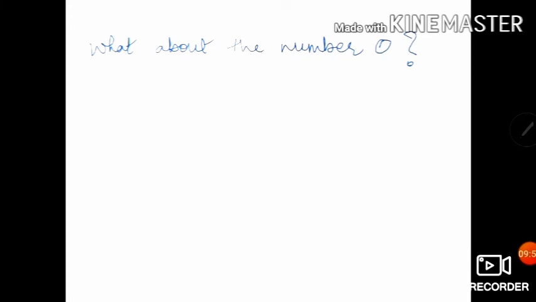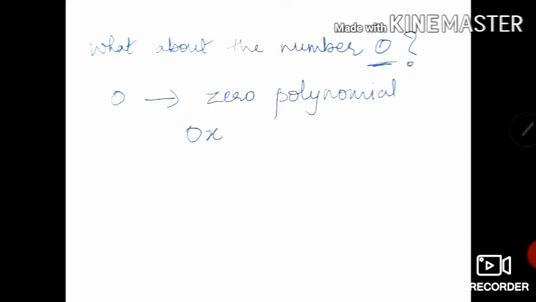What about the number 0? Is it a polynomial? Yes. 0 is also a polynomial, which is called the 0 polynomial, because 0 can be written as 0 times x to the power 0, which is 0 into 1, which is 0.